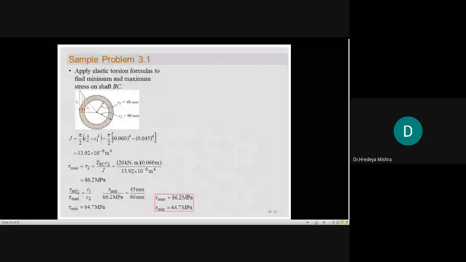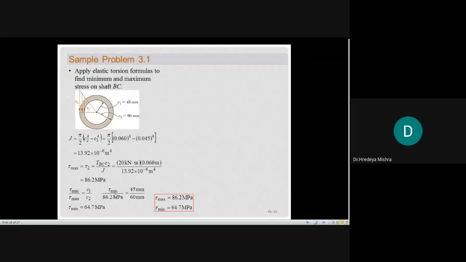So tau minimum over tau max is c1 over c2. Tau minimum, we find 45 upon 60, and tau max is 86.2, which we get here, and tau minimum is 64.7 megapascal. So we get the tau maximum and tau minimum values.